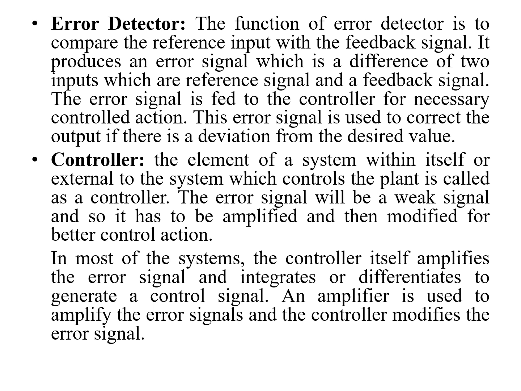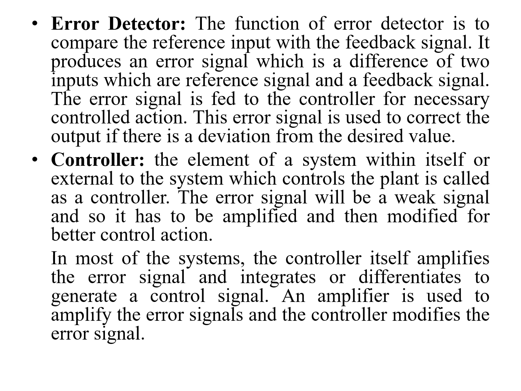Now coming to the error detector, the function of the error detector is to compare the reference input with the feedback signal given from the system, and it produces the necessary error signal, which is nothing but the difference of the reference input and the feedback signal. This error signal generated from the error detector is fed to the controller to take the necessary control action.